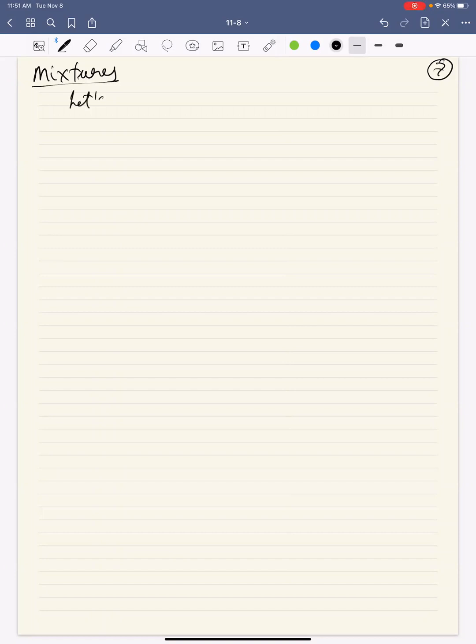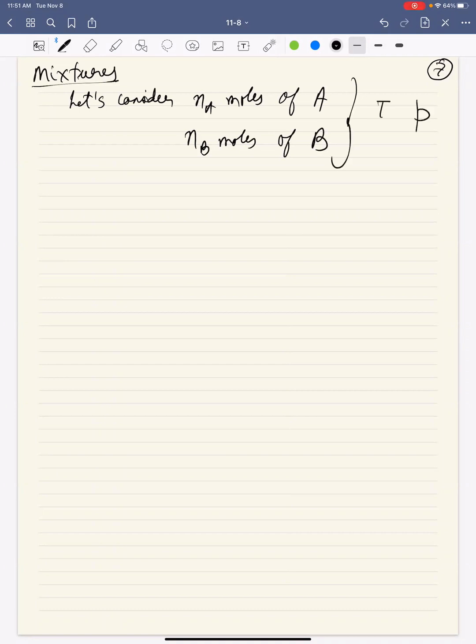So let's consider Na moles of some chemical A and Nb moles of some chemical B, both at temperature T and pressure P. So the question I'm asking you is, imagine that they are in a container with a boundary in between.